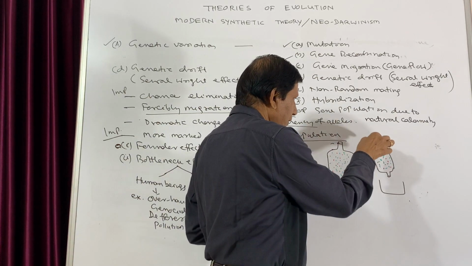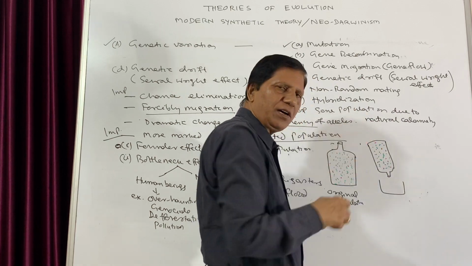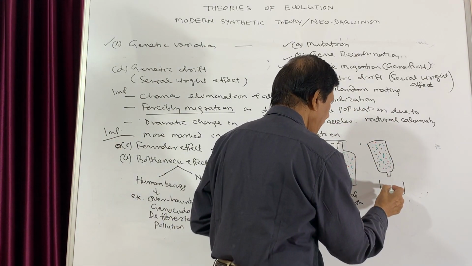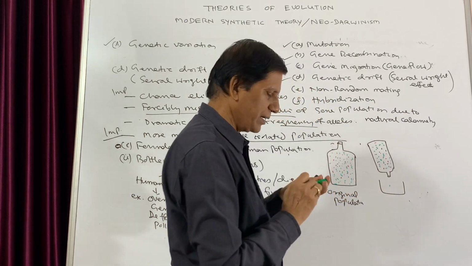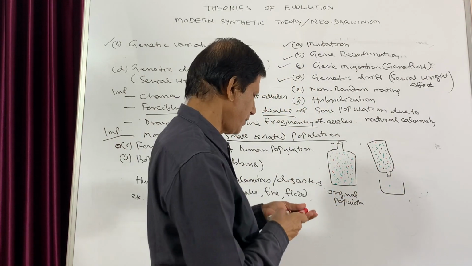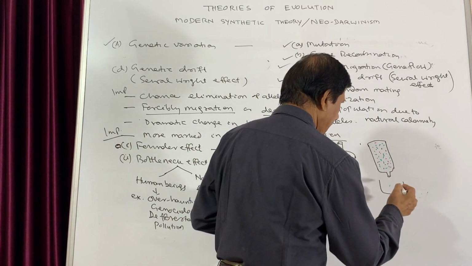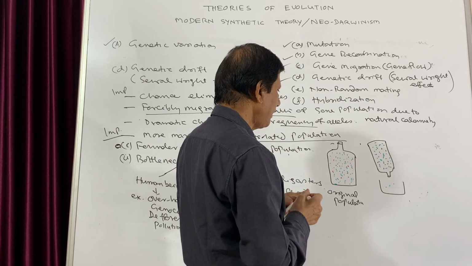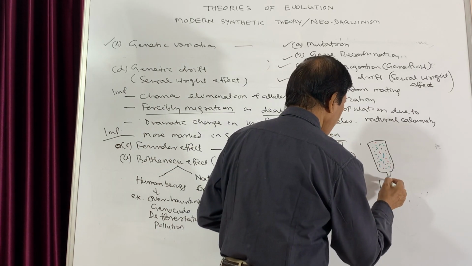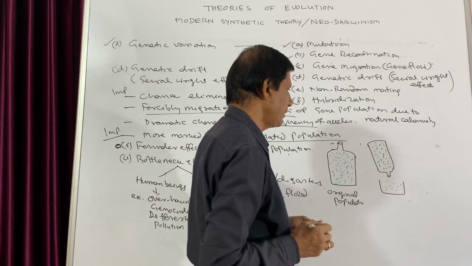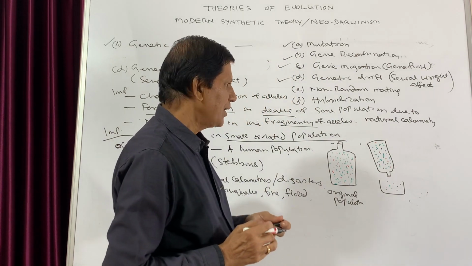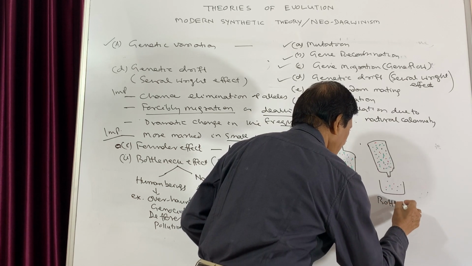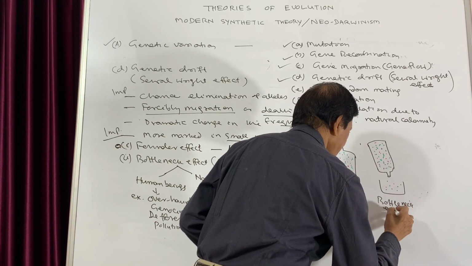The green color people are more in there. But while coming out, suppose only one green person came out, only two red, and three or four black. Now this is known as the bottleneck effect.